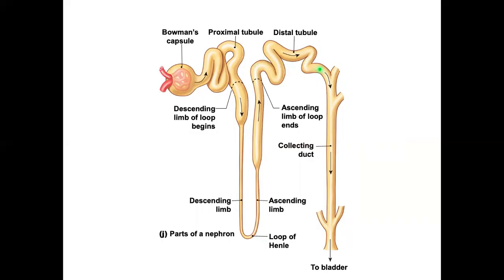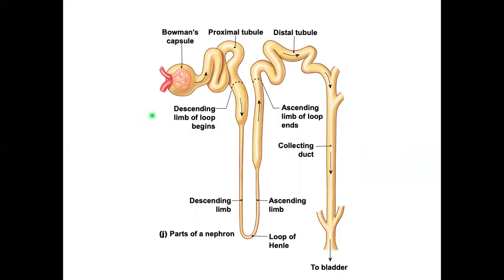The distal convoluted tubule connects to the collecting duct. Many nephrons merge into one collecting duct. And then the collecting duct is going to drain urine into the renal papillae and the calyces, and ultimately the urinary bladder and out of the body.